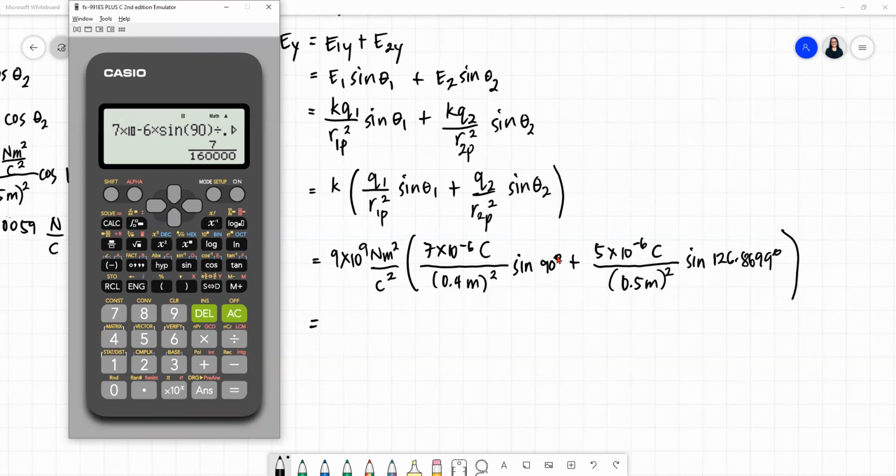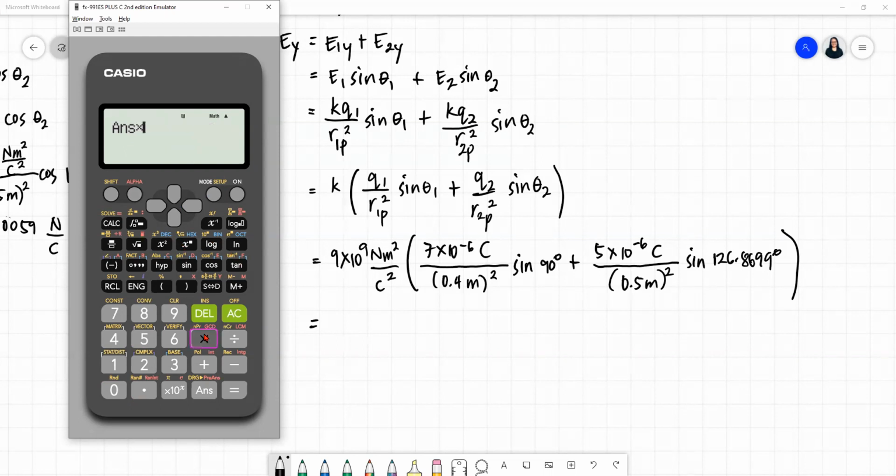That's the result for the first term inside the parentheses. Then add 5 times 10 raised to the negative 6 times sine of 126.8699, then the denominator is 0.5 squared.